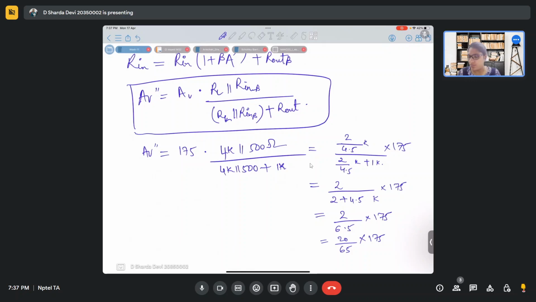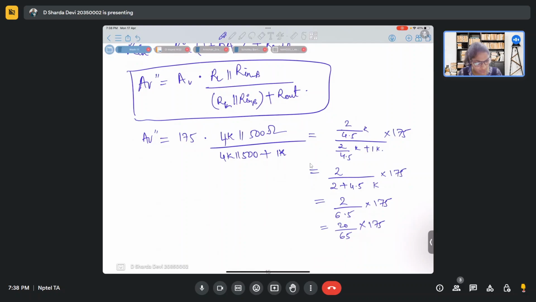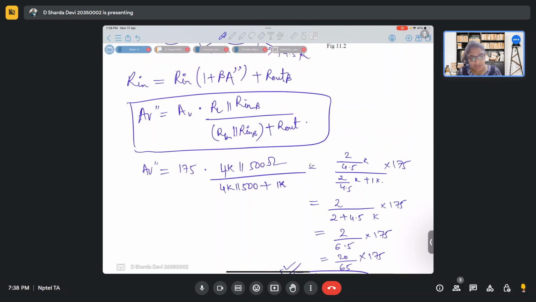So A_V'' is actually 53.8, right? 53.85. So we have to use this value.